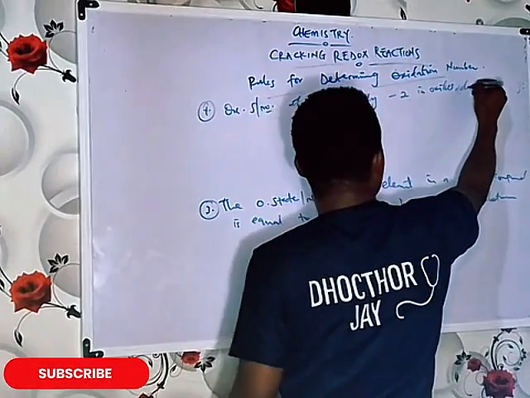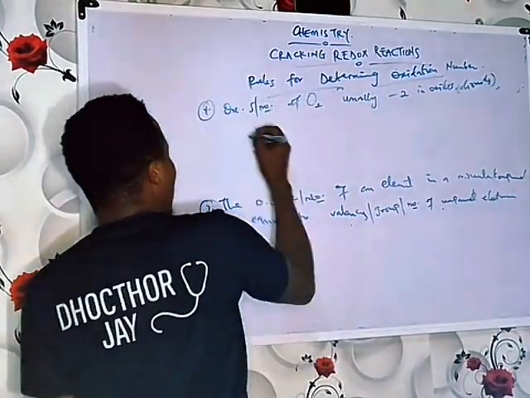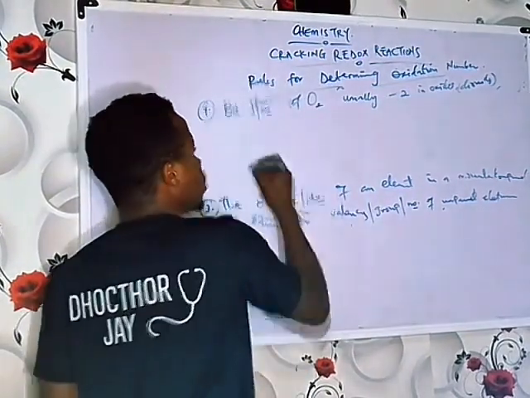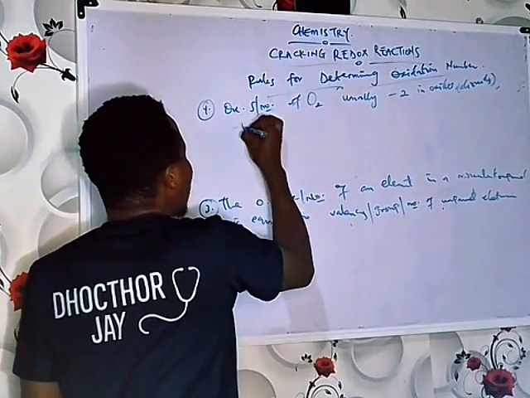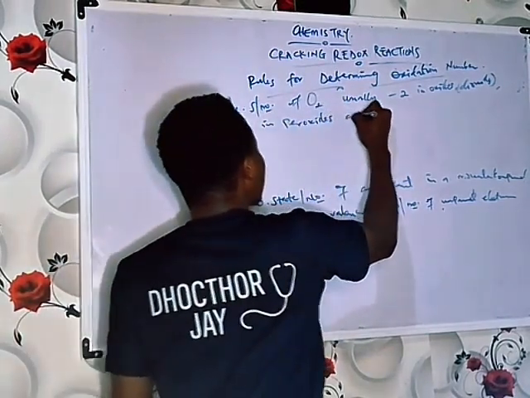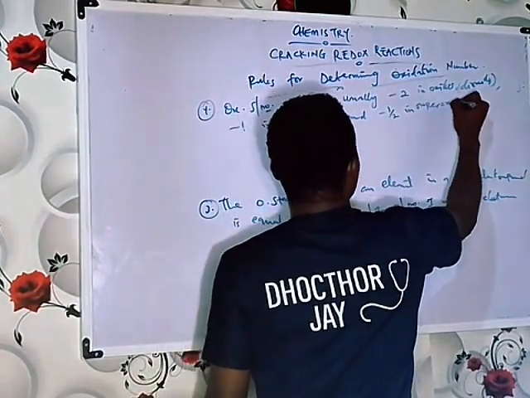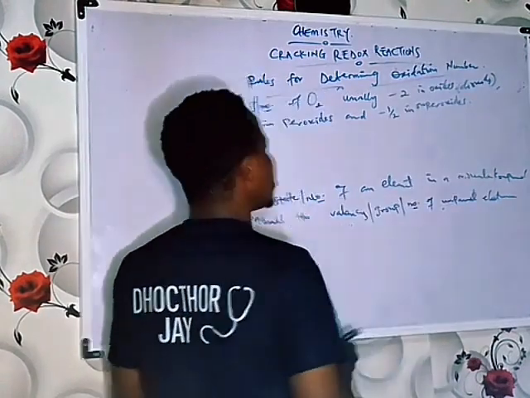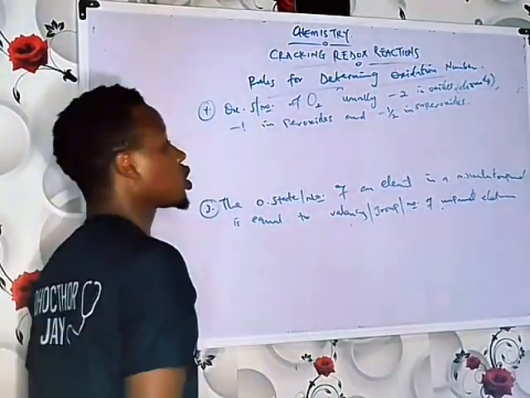It's safe to call it dioxides. Now we have other types of oxides where the oxidation state will be different for oxygen. It is minus 2 in dioxides, it is minus 1 in peroxides, and minus half in superoxides.